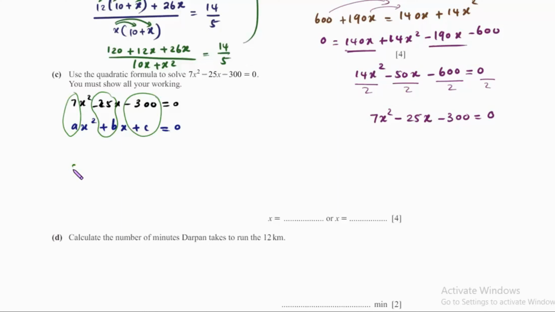Now I'm going to substitute into the quadratic formula, which is x is equal to minus b plus minus the square root of b squared minus 4ac, over 2a. So I'm going to substitute the values now.